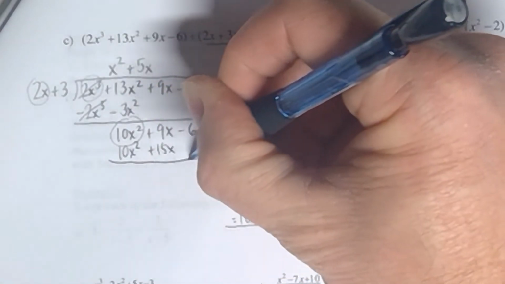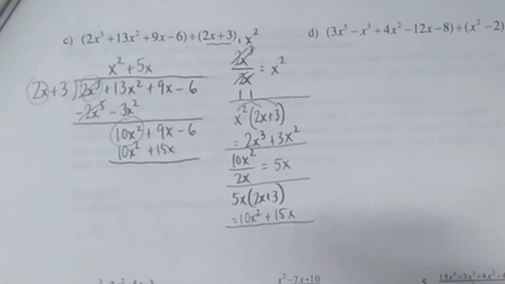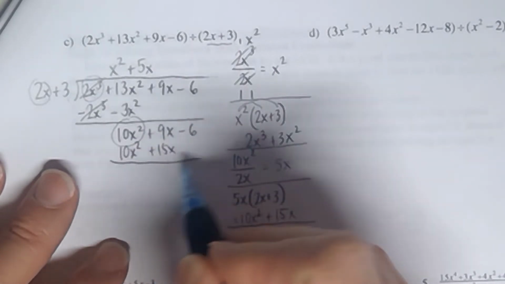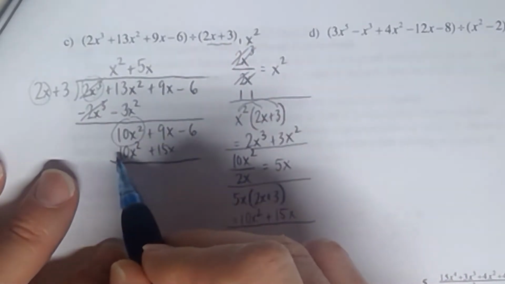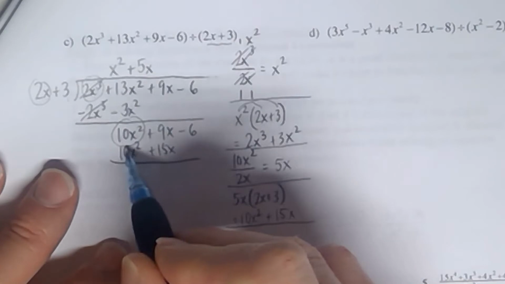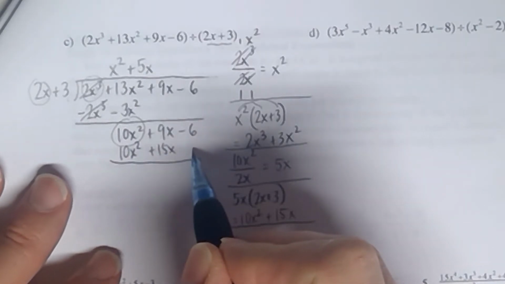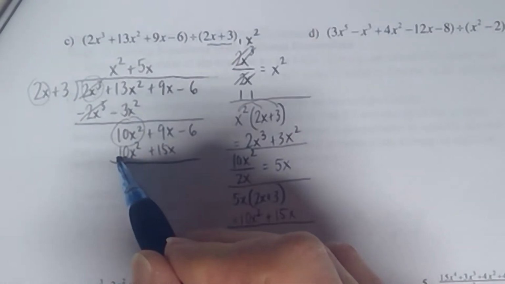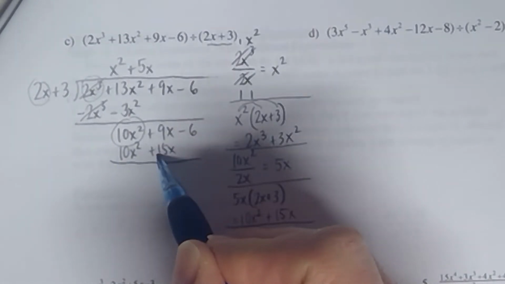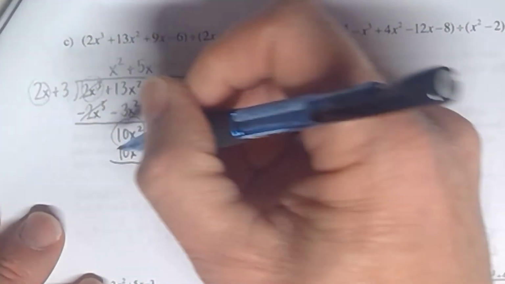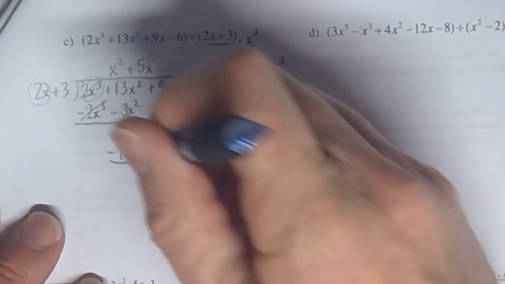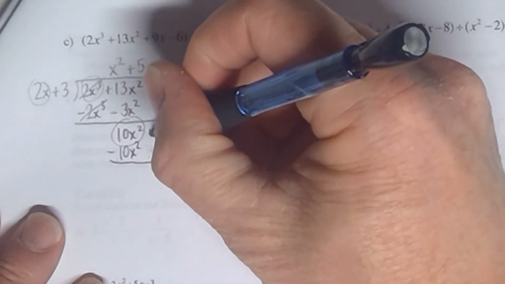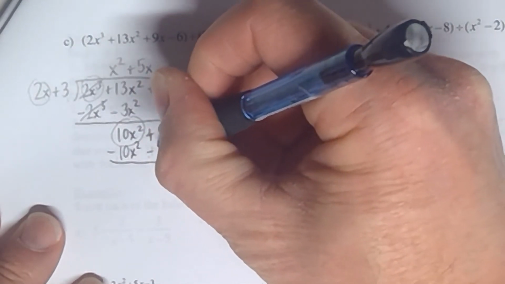But again, what did we say in the last problem when we have to subtract now? You've got to change the signs of every term in the second line of terms here. All right, not the first line, but the second one. So positive term and positive term in the second line needs to change to what? It needs to change to negative, negative. Again, change the sign of whatever it is. So positive, positive becomes negative, negative.